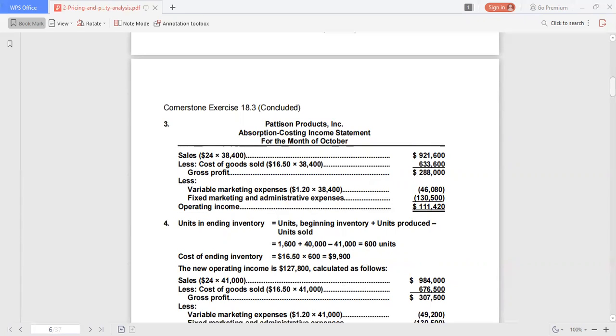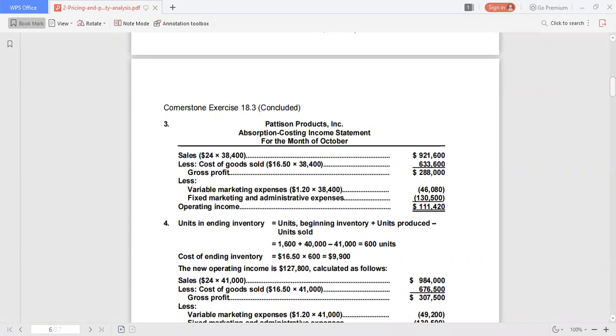Then, we deduct the variable marketing expense and the fixed marketing and administrative expense, giving us the operating income of 111,420. That's for the month of October by using absorption costing.